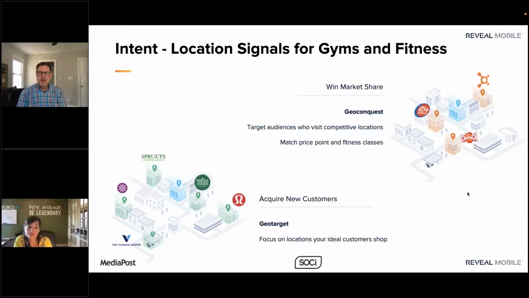So a really nice way for Planet Fitness to acquire net new customers who are not coming from the competition, but who have an affinity for your brand, is simply geofencing Whole Foods, Sprouts, Athleta, Lululemon, Vitamin Shop, or wherever the data tells you they're also going, and then market to those audiences and tell them, hey, you know what? We know you're fitness minded.